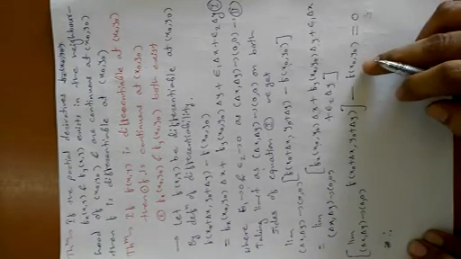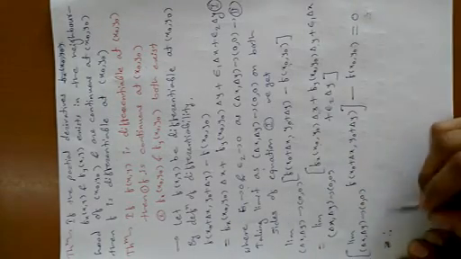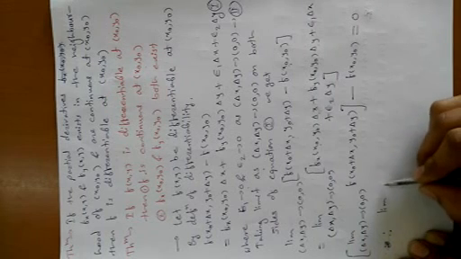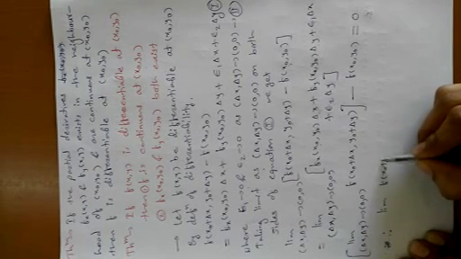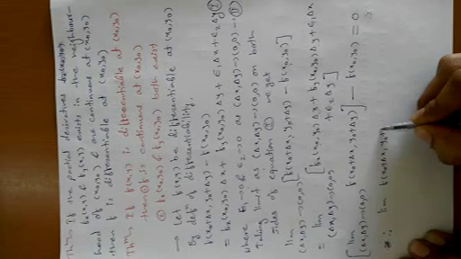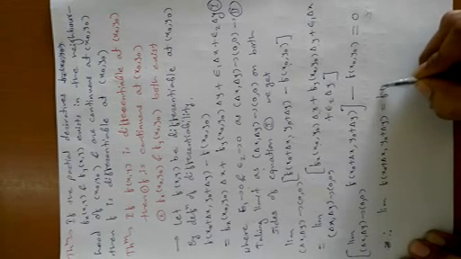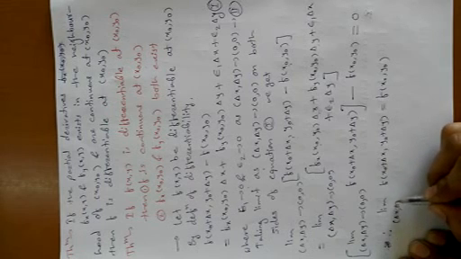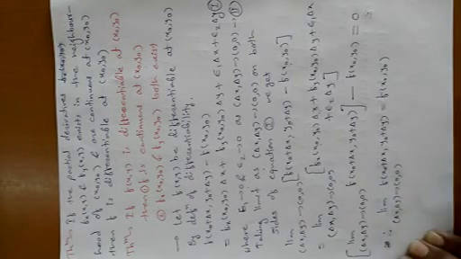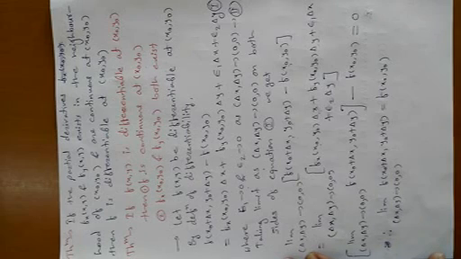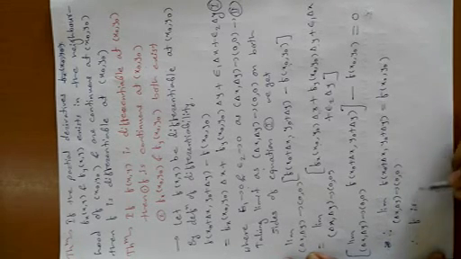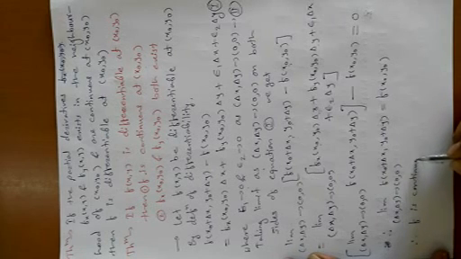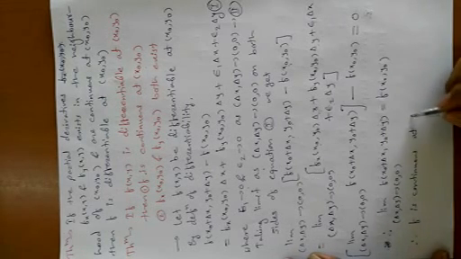Now we shift this term to right hand side and we will get limit of f of x0 plus delta x, y0 plus delta y is equal to f of x0, y0. Here delta x delta y tends to 0, 0, and which is nothing but the definition of continuity. Therefore f is continuous at x0, y0.